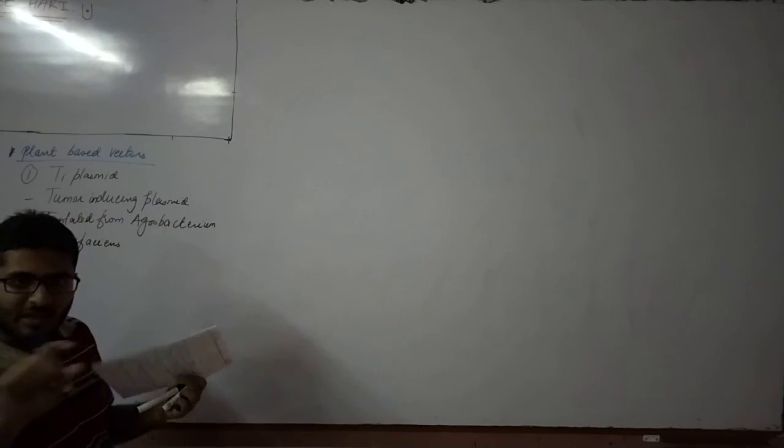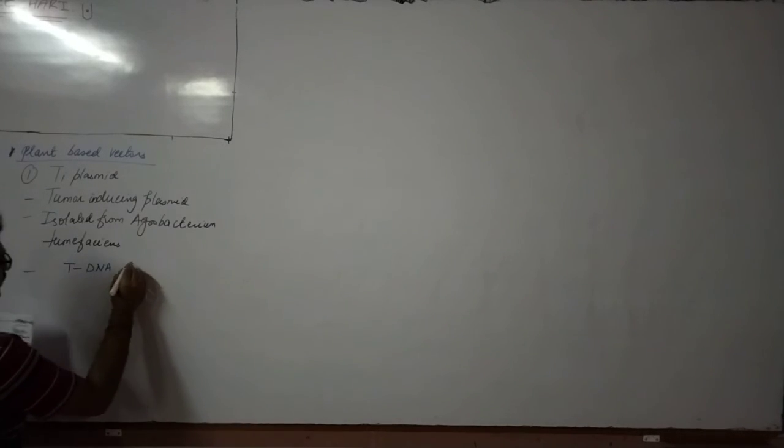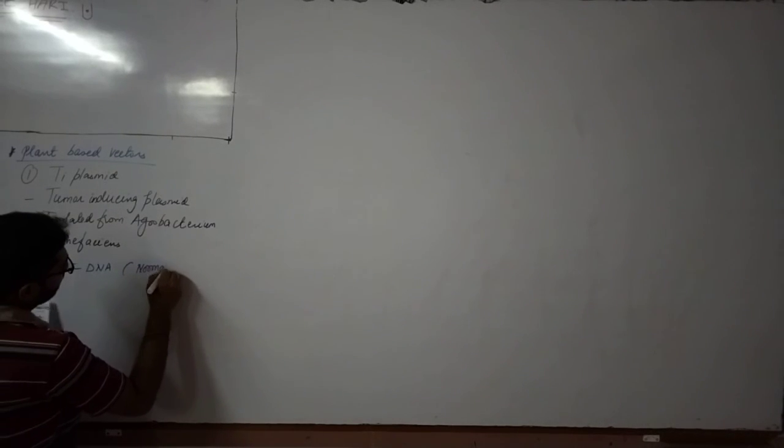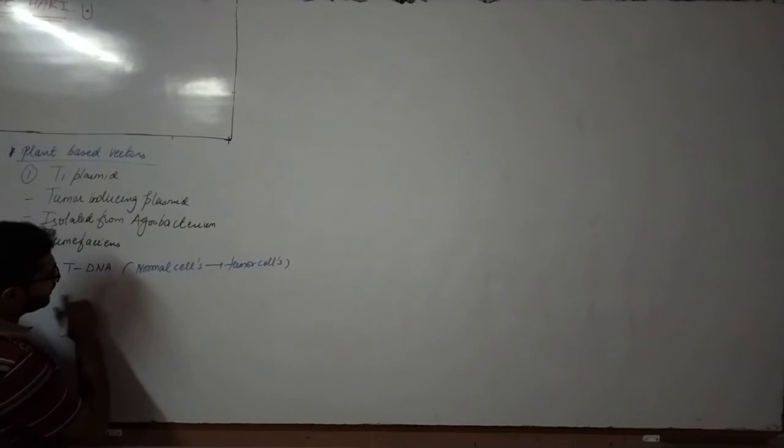It transfers a piece of DNA which is called T-DNA, that is transfer DNA, that converts or transforms normal cells into tumor cells, and a mass of cells gets accumulated on the region of the plant, which is called crown gall disease.